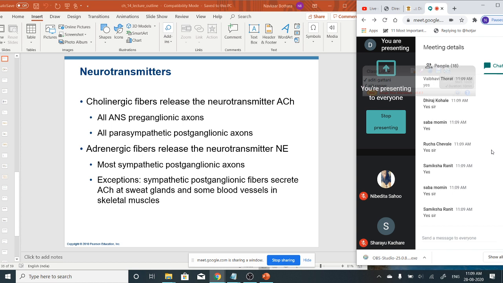वैसे एसिटाइल कोलिन के बारे में क्या होगा, एसिटाइल कोलिन के बारे में, which type of drugs we can have? What we'll call them?